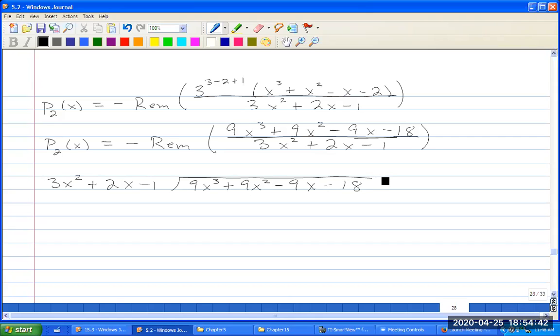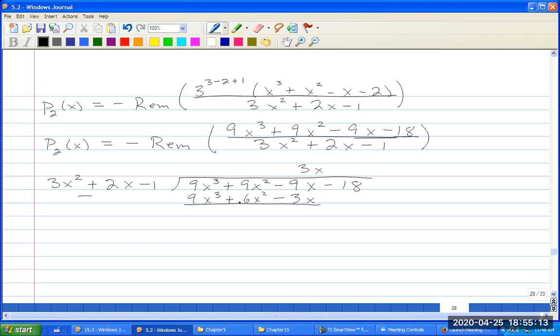Okay. 3x cubed divided by 3x squared is 3x. Let's multiply that out. So I'll get 9x cubed plus 6x squared minus 3x. And I'm subtracting.